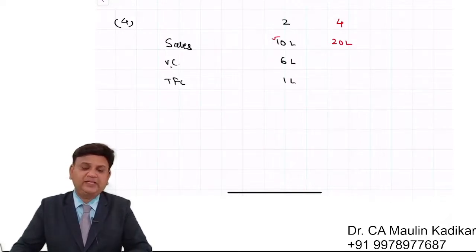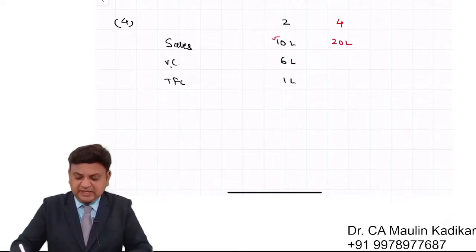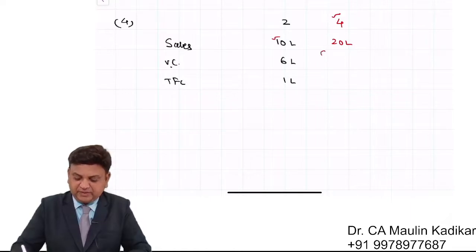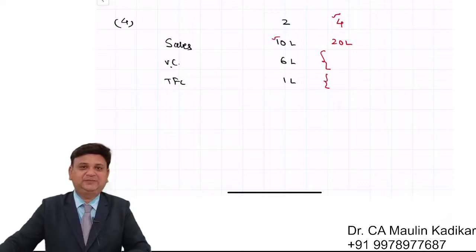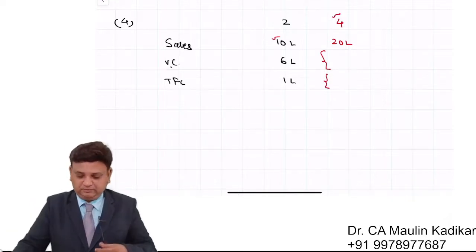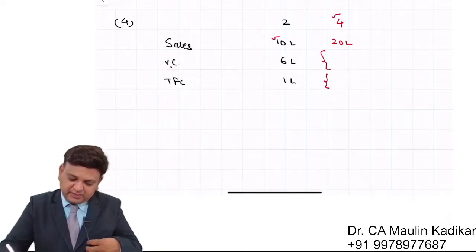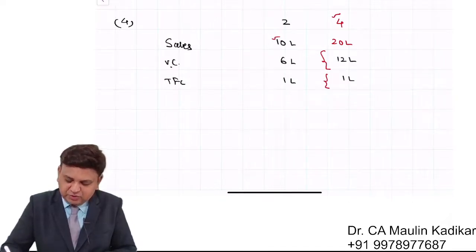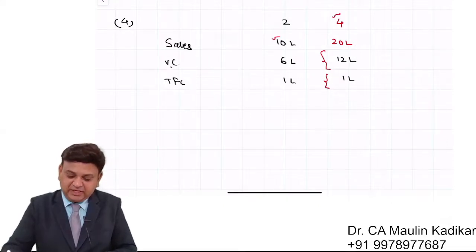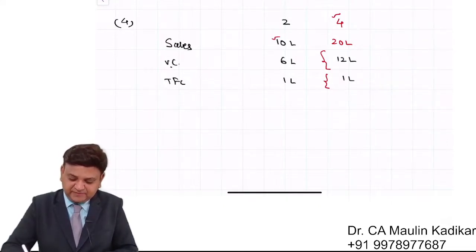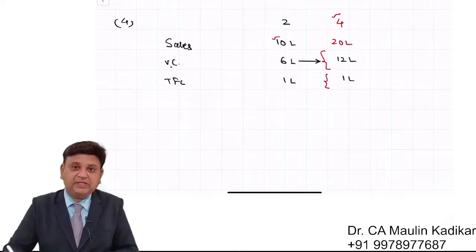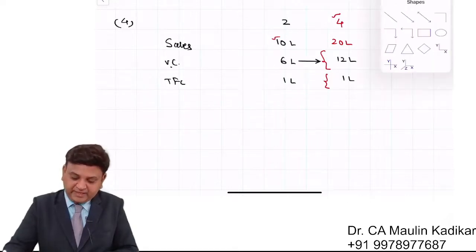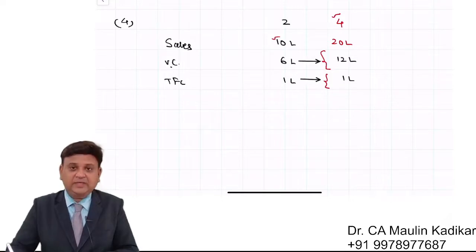I want you to write in the chat box what would be the variable cost and what would be the total fixed cost. So the variable cost will increase from 6 lakhs to 12 lakhs and the fixed cost is going to remain the same. The assumption is that the variable cost will change in proportion to the revenue and the total fixed cost is going to remain the same.